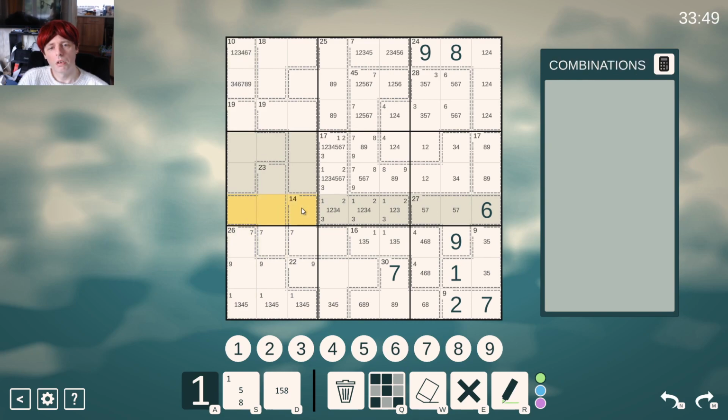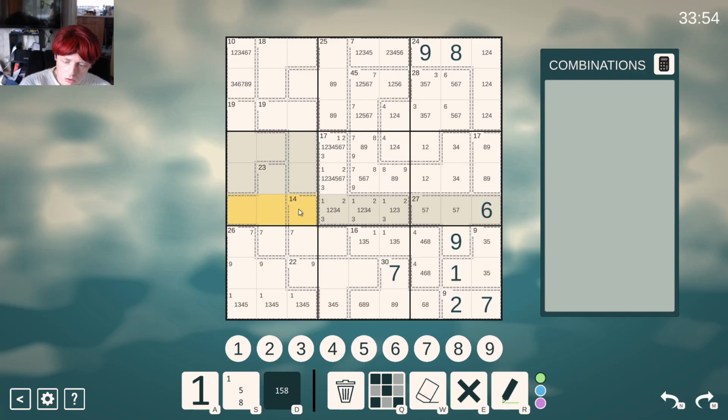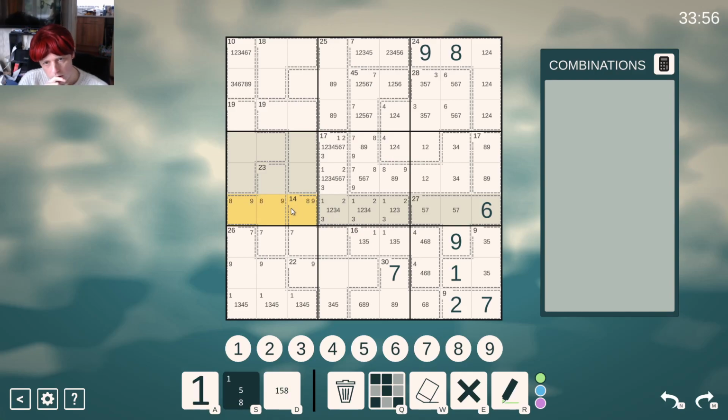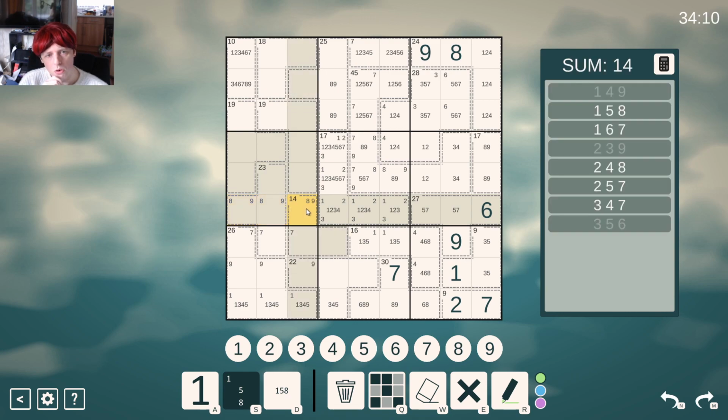8 and 9 must be along here. There'll be one other number from 1, 2, 3, and 4. That, if that was 8, that would have to be 5 and 1.